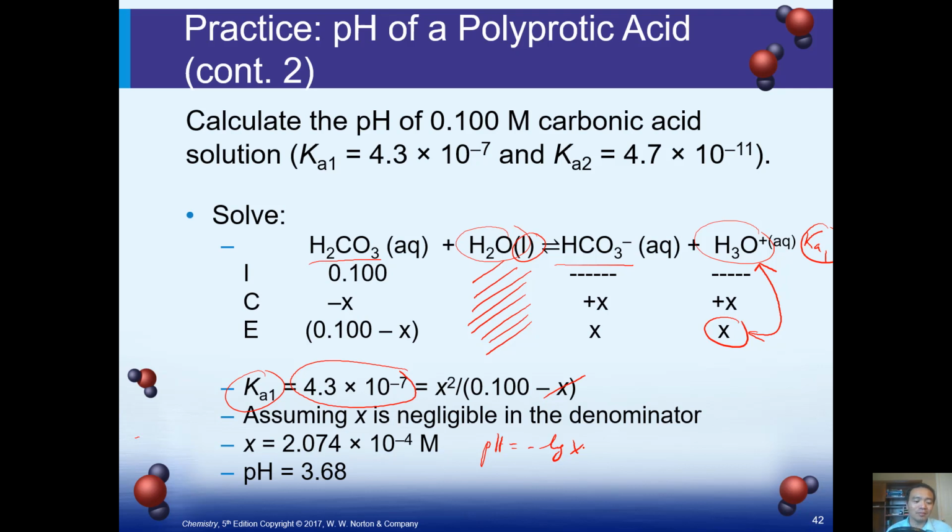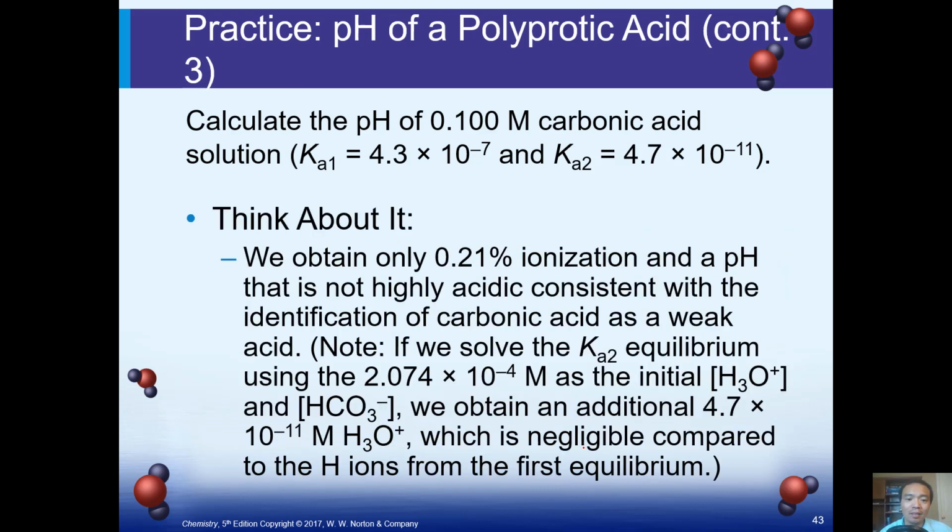All right. So that's how we do the calculation for a polyprotic acid that has very large Ka1 compared to Ka2. So far, we have discussed in great detail how to calculate the pH for a strong acid or a weak acid, a strong base or a weak base.